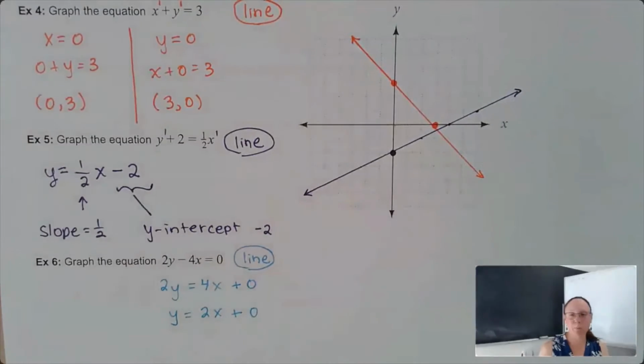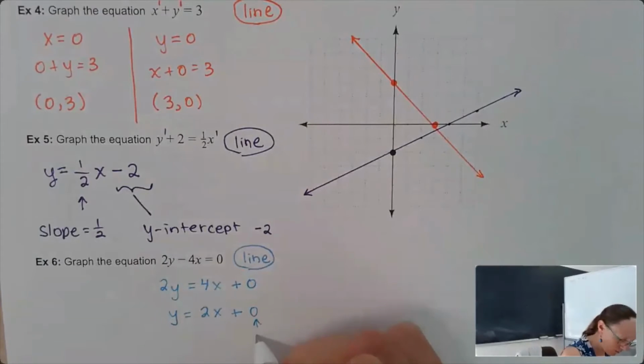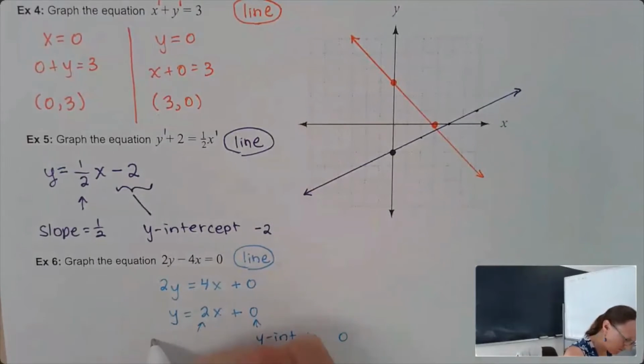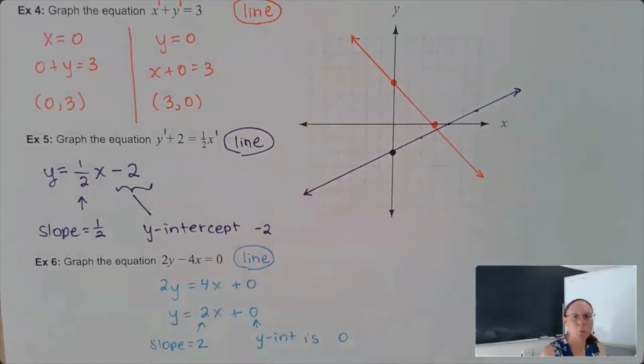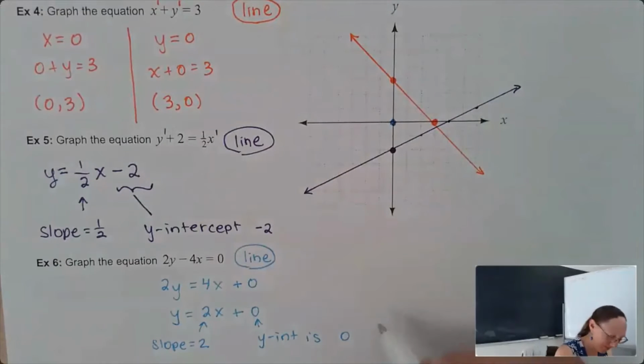You do not have to put the 0 on there. I'm doing it just so that I can remind myself that this is telling me that the y-intercept is 0 and the slope is 2. When the y-intercept is 0, we say that the line goes through the origin. And remember, the origin here is the point 0, 0.